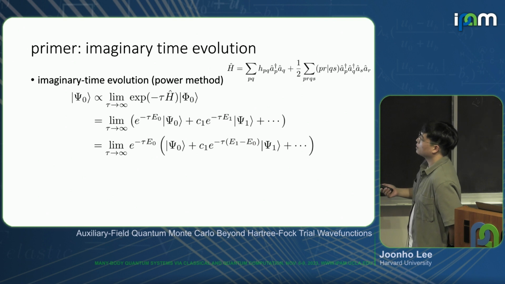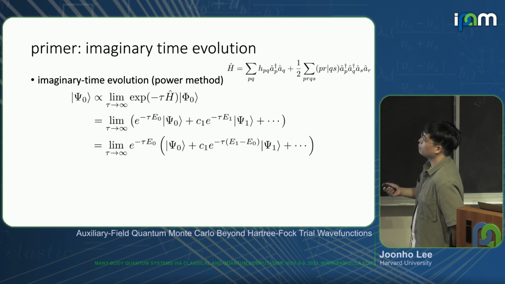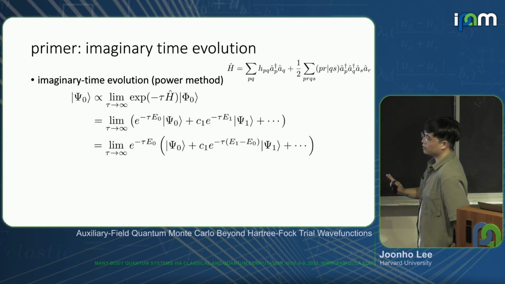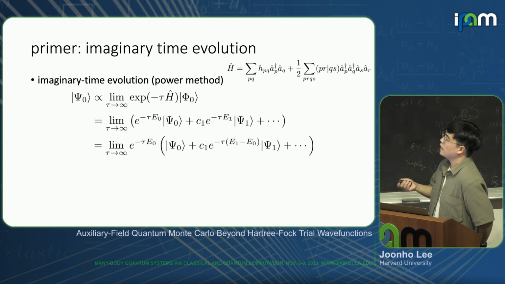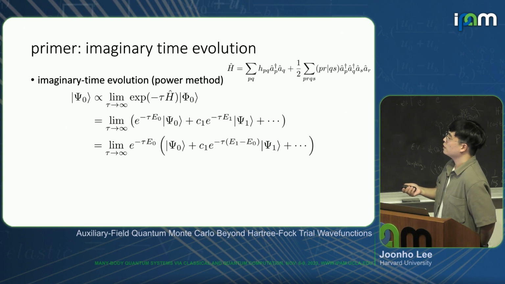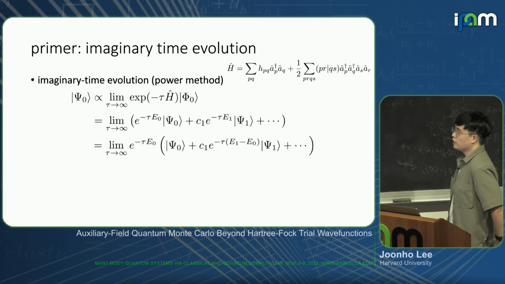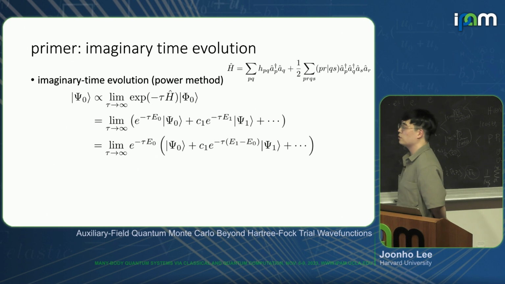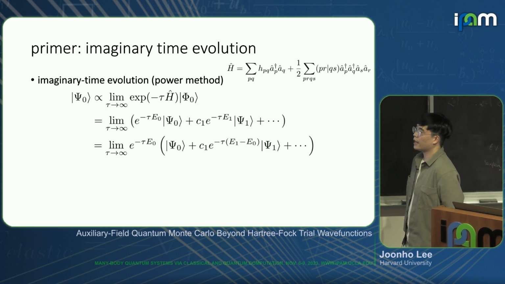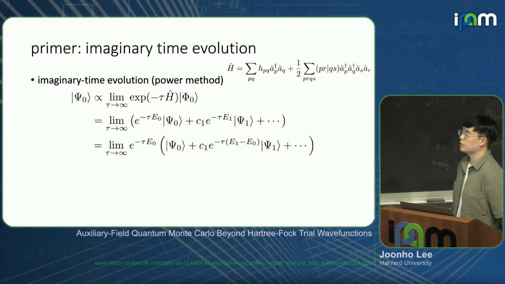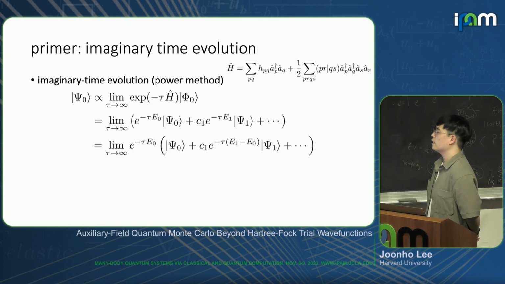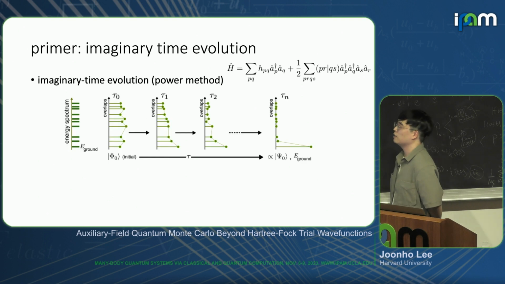These exponential factors all carry some energy gap, they are all positive, multiplied by minus infinity. So as tau goes to infinity, all the terms starting from psi 1 and psi 2 and so on will have exponentially smaller coefficients compared to psi naught. This is why it can get to the exact ground state without any assumption other than that your initial state has some overlap with the exact ground state.